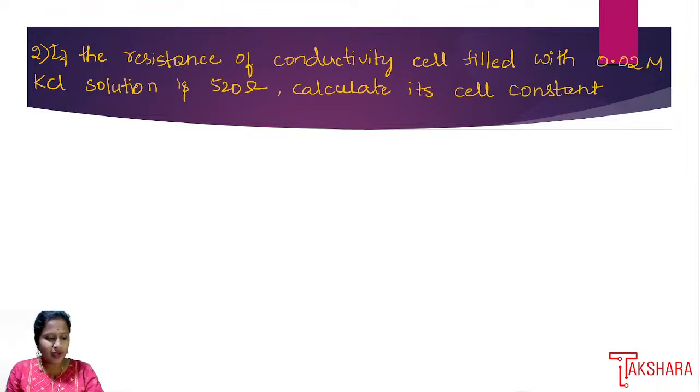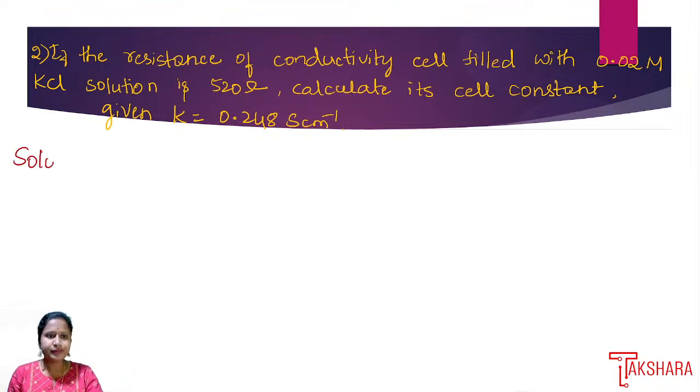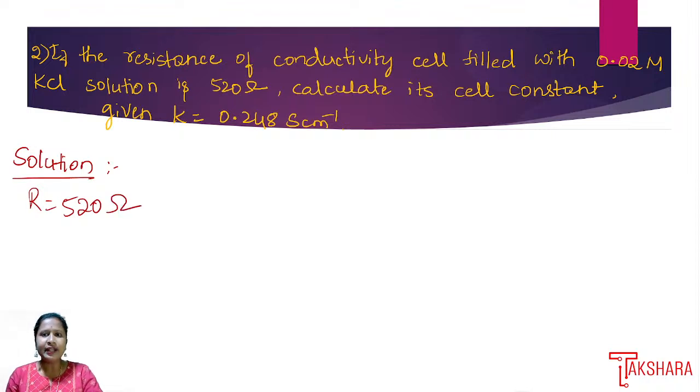Calculate the cell constant value, given K is equal to 0.248 Siemens per centimeter. So here we need to find out the cell constant. I will write the given data here. The resistance of the conductivity cell filled with 0.02 molar KCl solution is 520 ohm, so R equals 520 ohm, and we need to calculate its cell constant, G star.